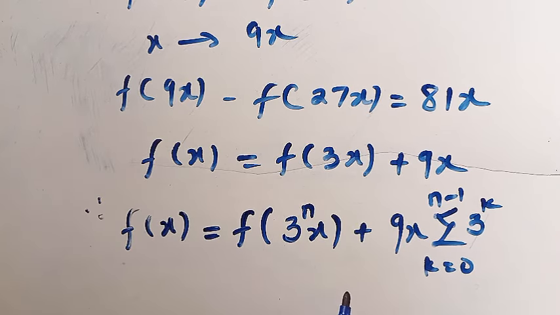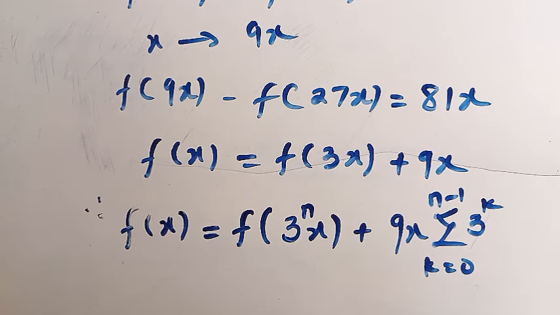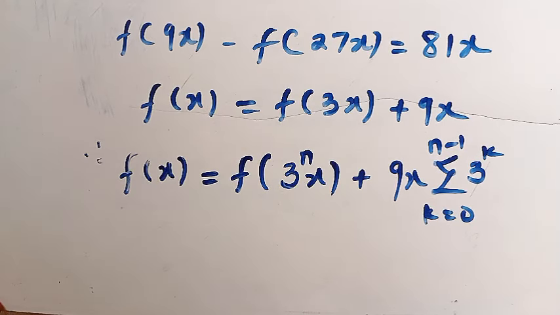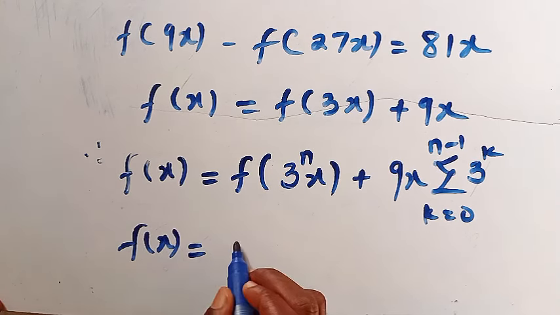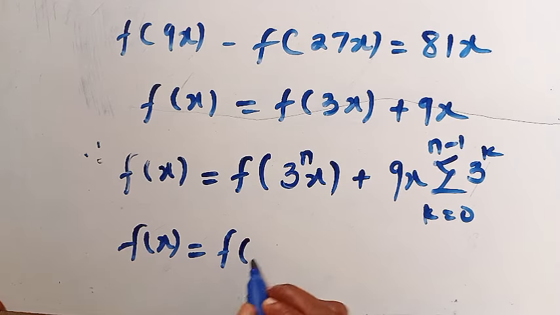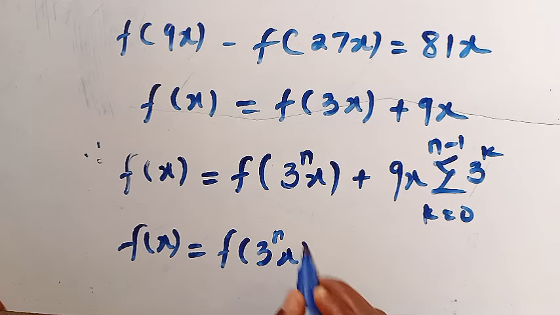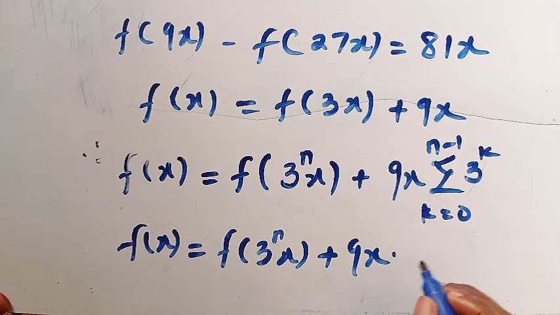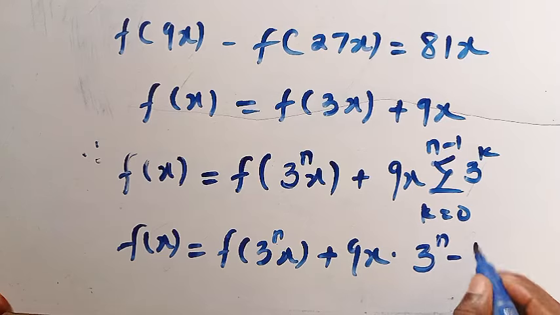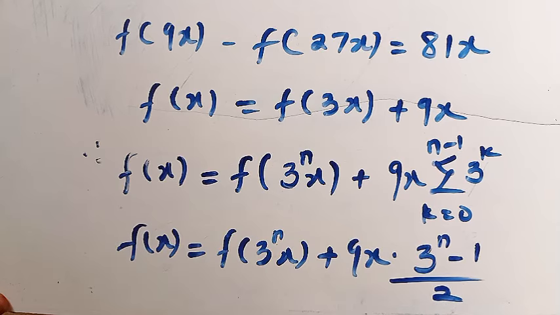So this will be the general term. We can also leave it as f of x equals f of 3 to the power n x, plus 9x times (3 to the power n minus 1) divided by 2.